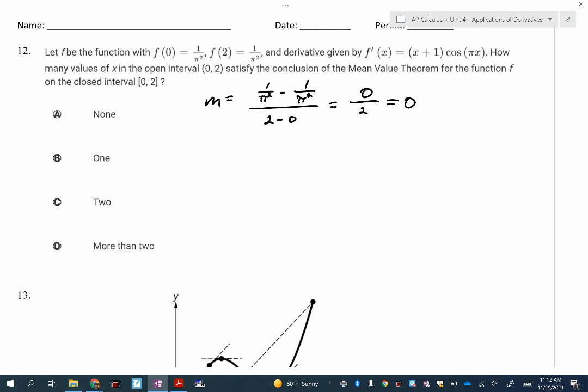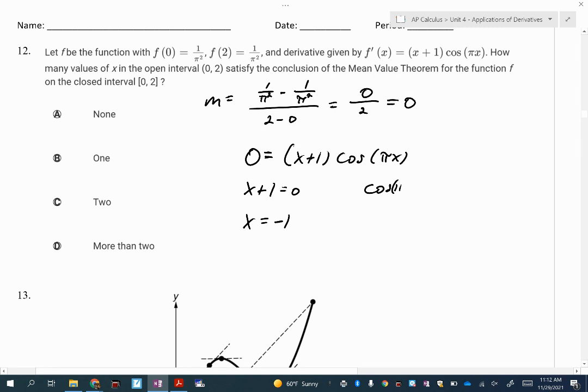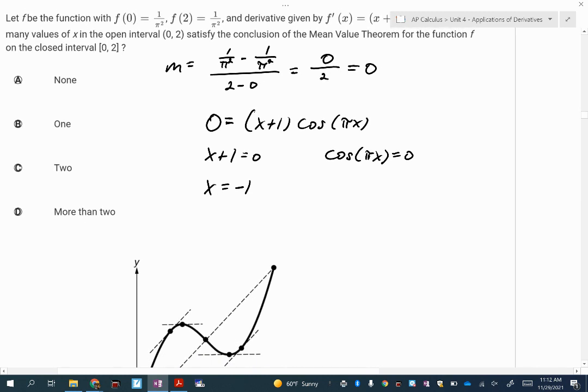So I'm going to set my derivative equal to 0. And I'm going to separate these. This one's pretty straightforward. You get negative 1. This one is a little bit trickier. So I'm trying to figure out values for cosine that become 0.